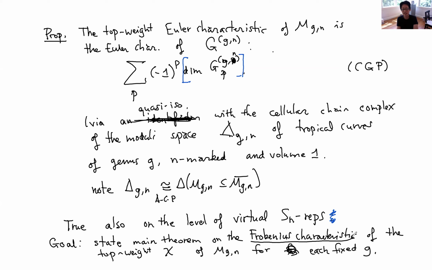So the Frobenius characteristic is just packaging for a sequence of Sn representations, one for each n. It knows exactly as much as data, but it's a very good way to package it all in terms of one big completed symmetric function. So that's the goal of the next few minutes.